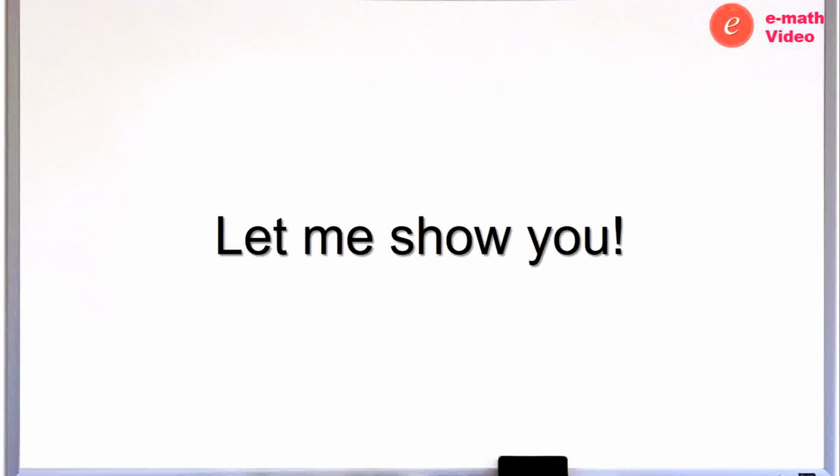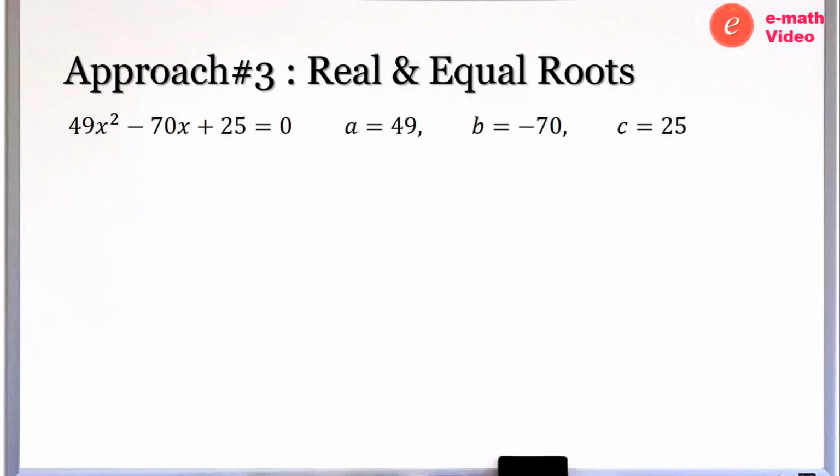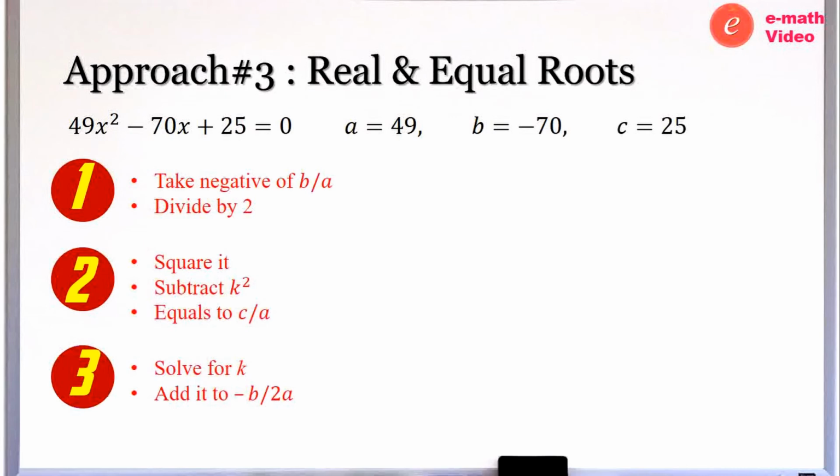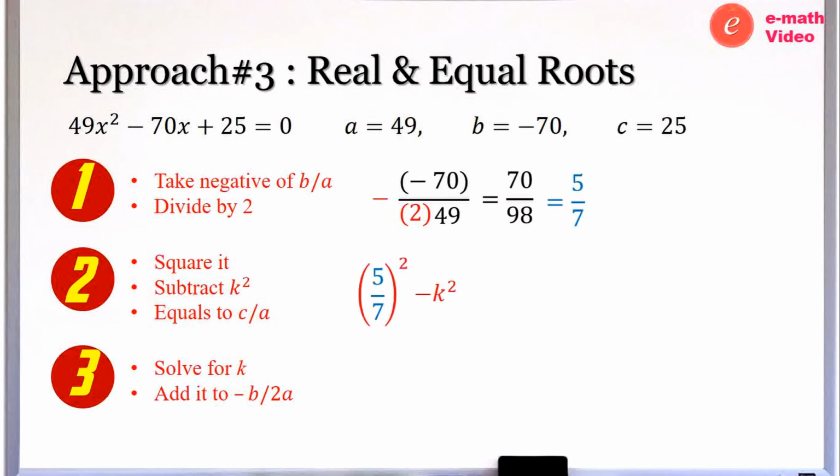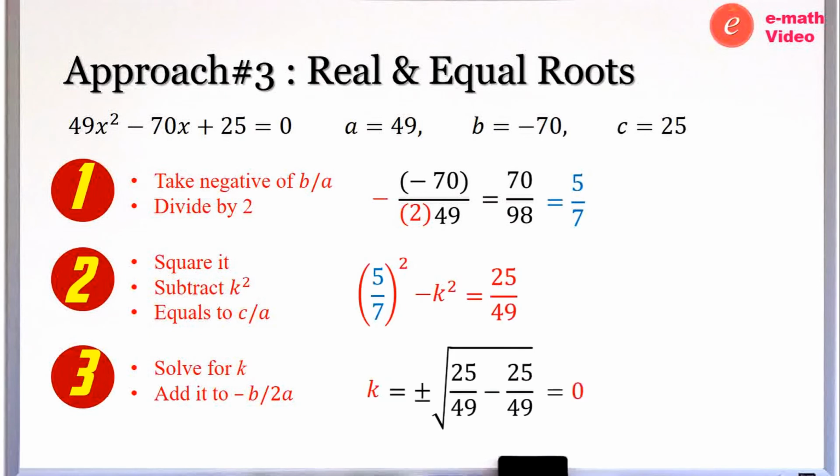Let me show you how it works on real and equal roots. I will use the same procedure as the second approach. Take the negative of b over a divided by 2, we get 5 over 7. Square it minus k squared equals c over a. Solve for k, add to 5 over 7, and we are done.